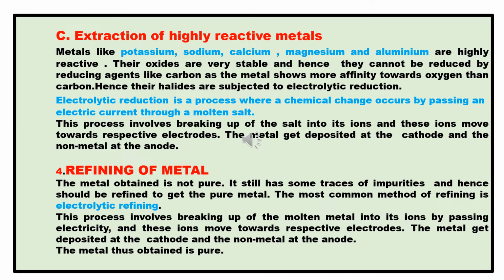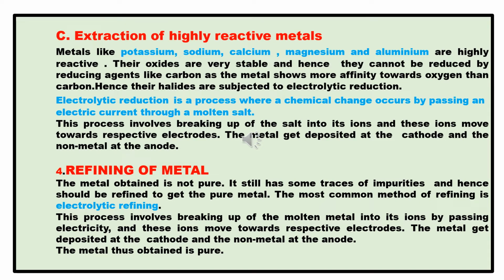This process involves breaking up of the salt into its ions, and then the ions move towards the respective electrodes. You know, positive ions and negative ions are there. Positive ions will move towards the negative electrode and negative ions will move towards the positive electrode.